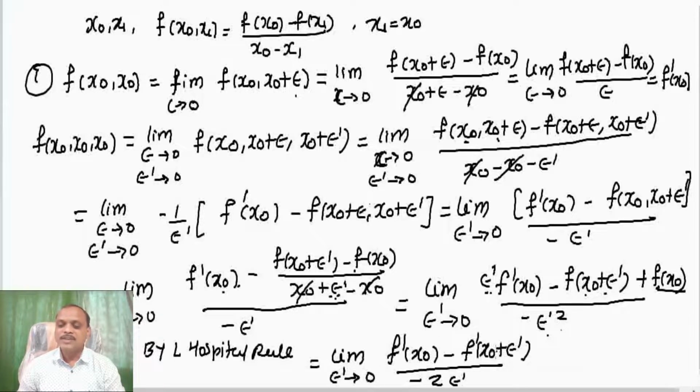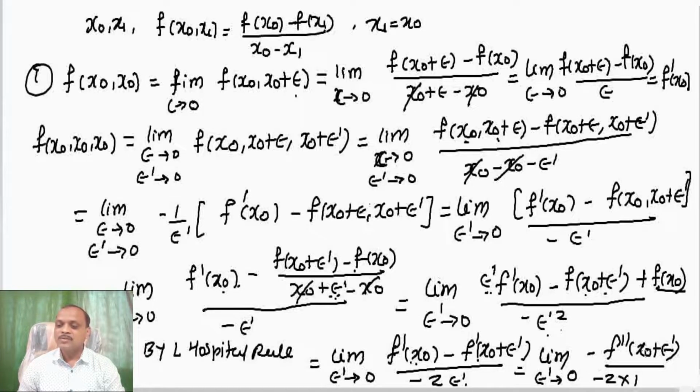Now if we apply the limit here, this will be f dash of x0 minus f dash of x0, which is 0, divided by 0. Again we get an indeterminate form. So again we apply L'Hospital's rule. Limit epsilon dash tends to 0: f dash of x0 is constant, so we get minus f double dash of x0 plus epsilon dash divided by minus 2 into 1.